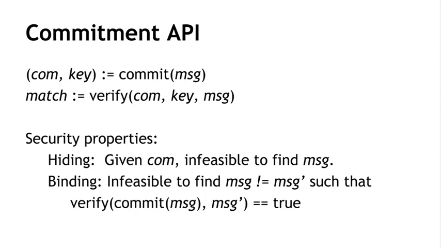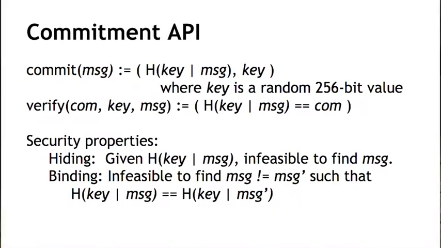Well, first we need to talk about how we're going to actually implement commitments. And the way we're going to implement commitments is like this. In order to commit to a value message, we're going to generate a random 256-bit value and call it the key. And then we're going to, as the commitment, return the hash of the key concatenated together with the message.